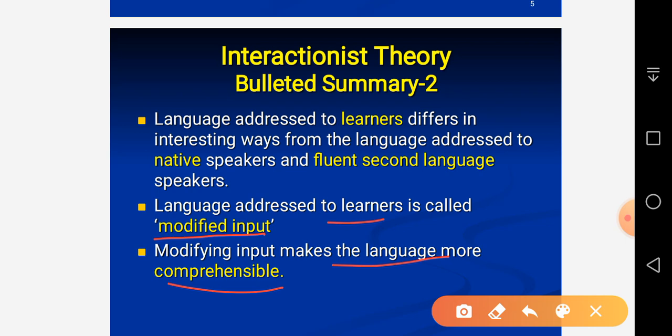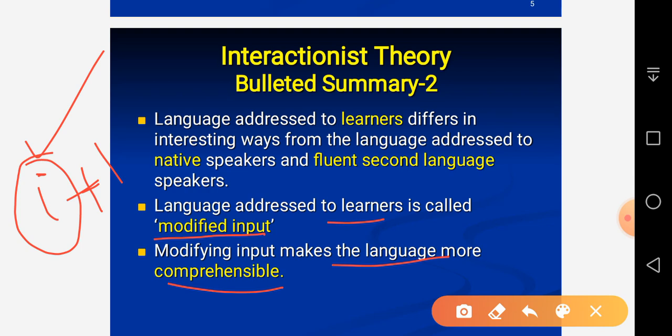So you need to make your input palatable, so that it is at least at the level of the learner. Dr. Stephen Krashen uses an important term, as you can see on the screen: the language addressed to the learner should be a little bit higher than the existing language knowledge. This shows internal language, the language already in the mind of the learner.